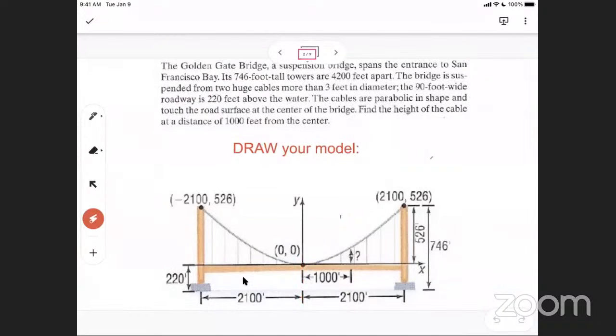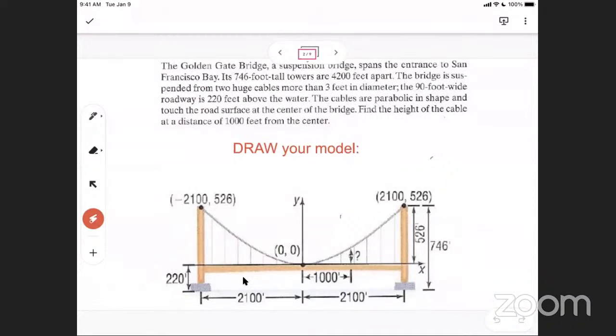It says the bridge is suspended from 2 huge cables more than 3 feet in diameter. That doesn't matter, just so you know. The 90-foot wide roadway, which probably doesn't matter either, is 220 feet above the water.